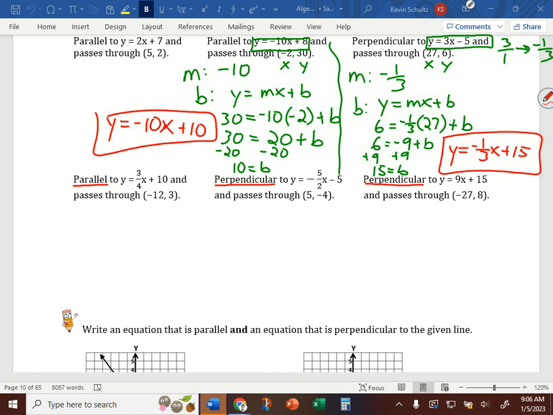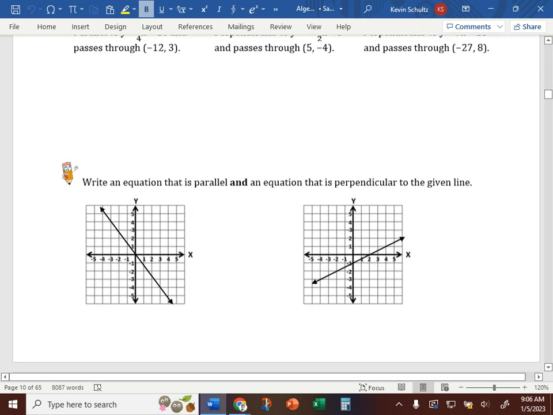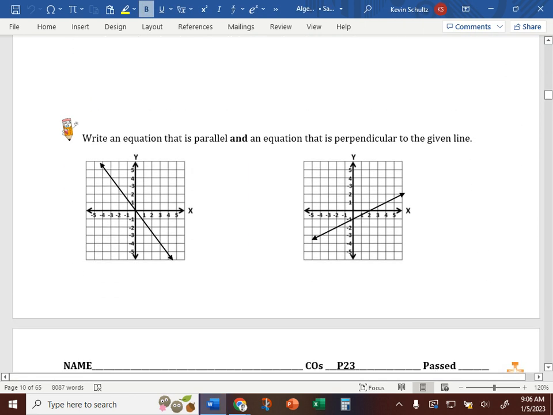Finding b is always the same. That doesn't change, right? That's how you get the slope depending on parallel or perpendicular. The 2 at the bottom, which we have not talked about yet, but will now, is write an equation that is parallel and an equation that is perpendicular to the given line. So you need 2 equations, one that is parallel and one that is perpendicular.